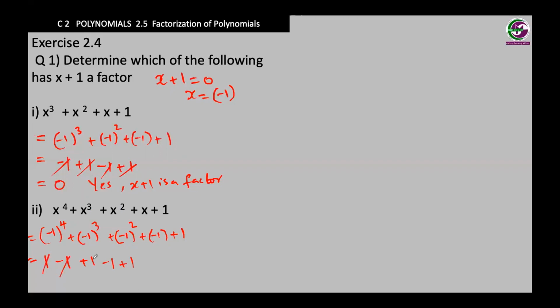These two get cancelled, these two get cancelled, and you have the number 1. So this is equal to 1. The remainder is not equal to 0. So what do we say? No, x plus 1 is not a factor. Is that clear? Simple. When the remainder is not 0, it is not a factor.